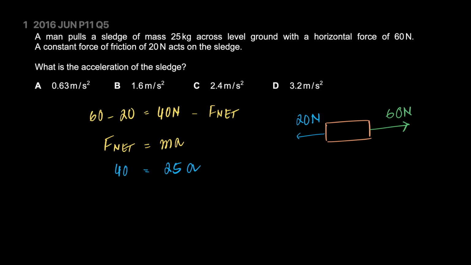Taking 25 to the other side, dividing, 40 divided by 25, you get 1.6 meters per second squared. The answer is C. Oh, sorry, it's B. What am I saying? It is B.